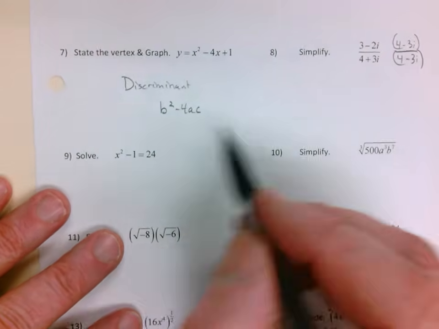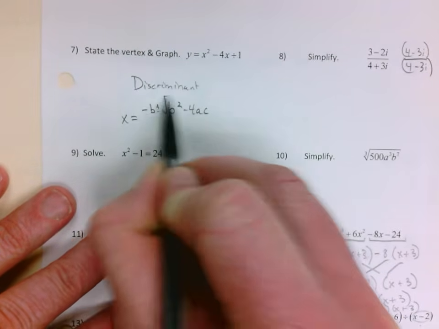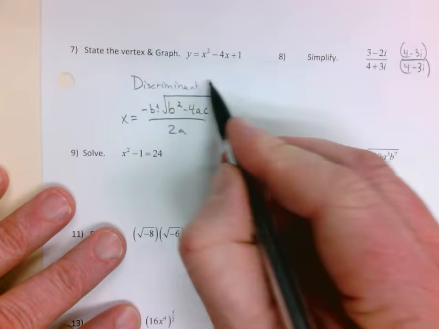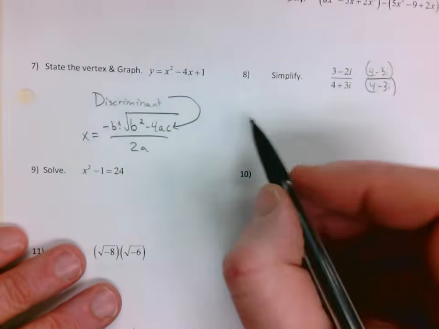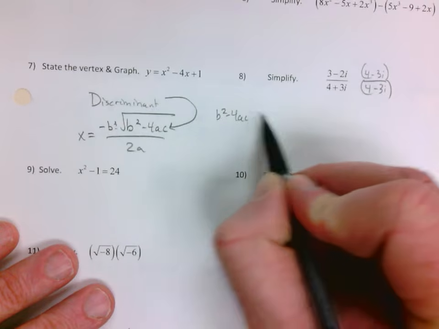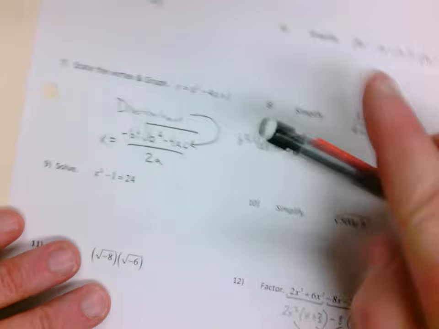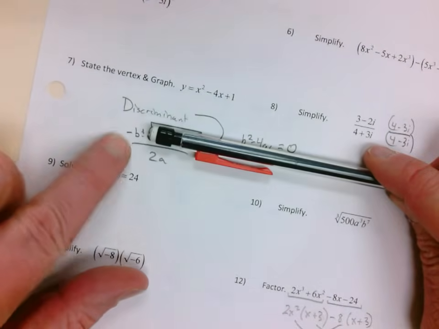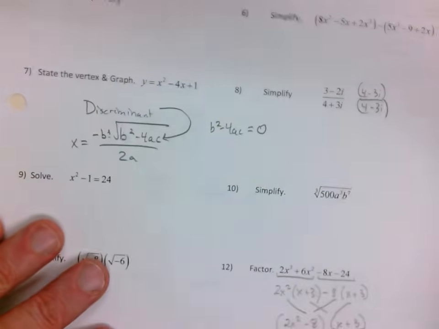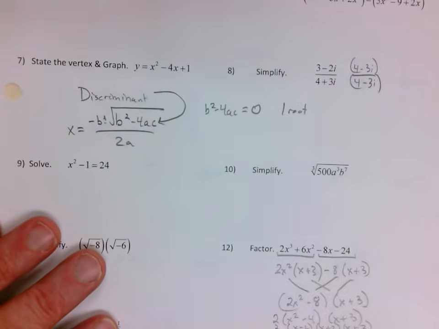And so in the quadratic formula, negative b plus or minus square root of b squared minus 4ac, the discriminant is that. So there were 3 cases. One is if b squared minus 4ac equals 0. And that would mean that we just have one root, because there's not a plus or minus that matters there.